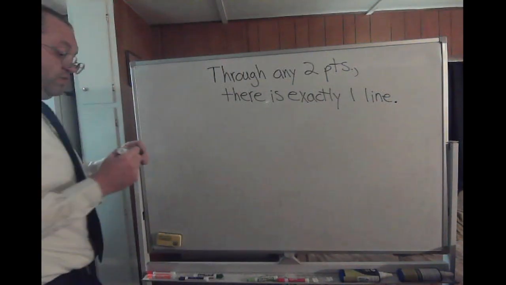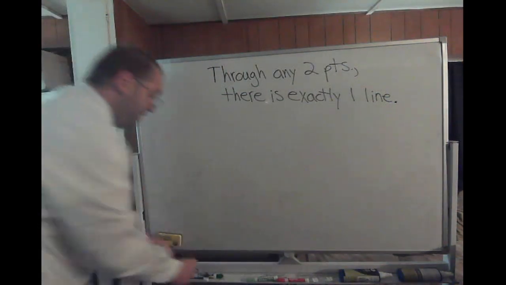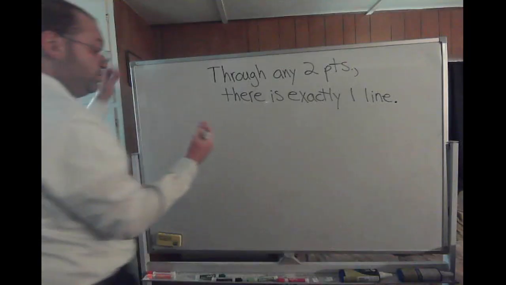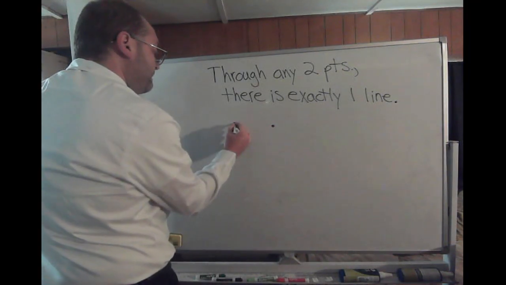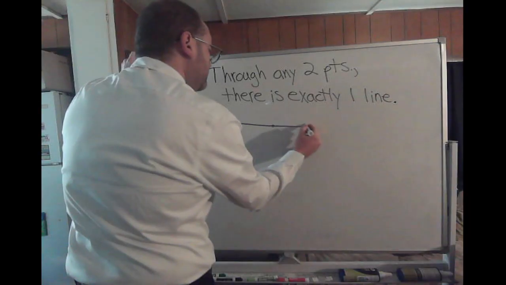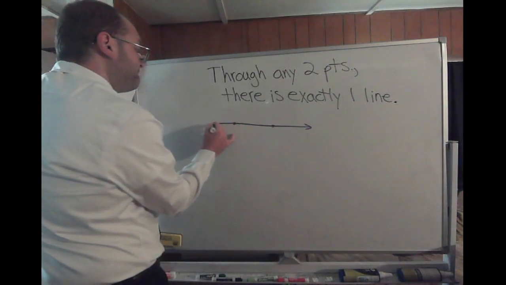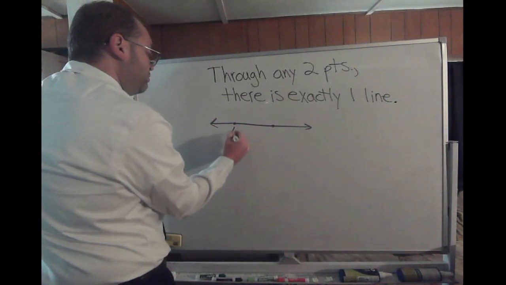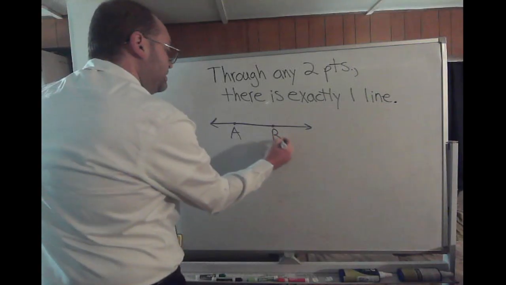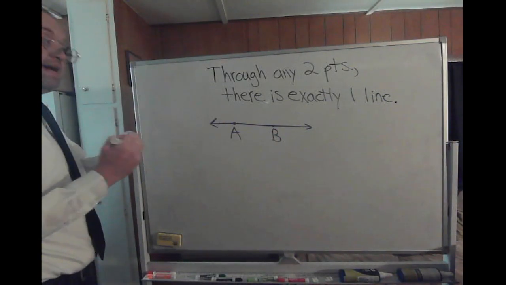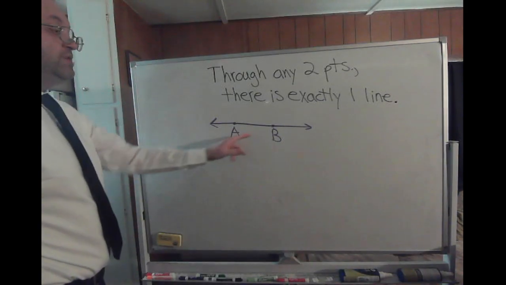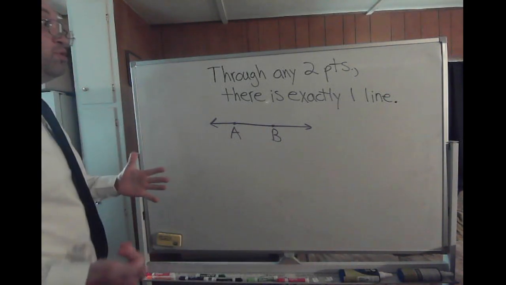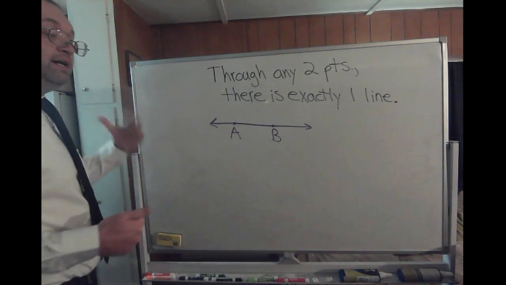Through any 2 points, there is exactly one line. Well, we've already kind of stated it in other terms. We got our points here. You have point A, point B. Through these 2 points, there is exactly one line, because that's the bare minimum of points you need to make a line. So through any 2 points, there is exactly one line.